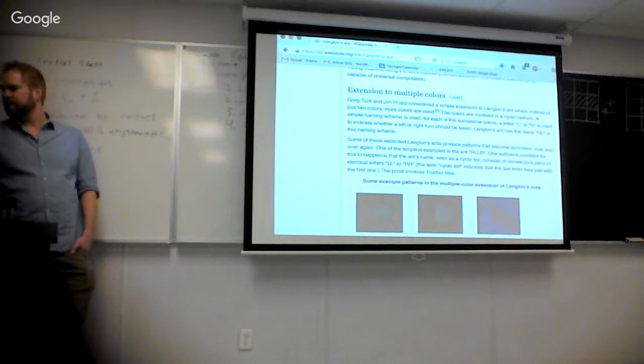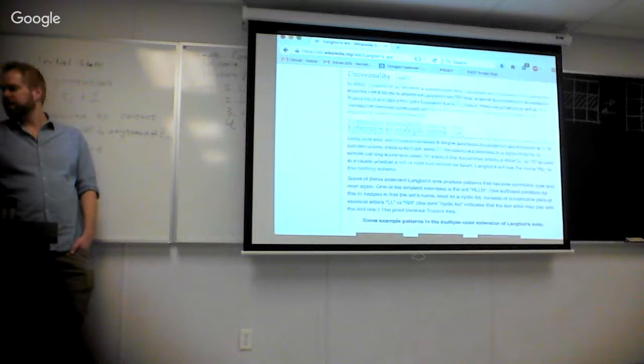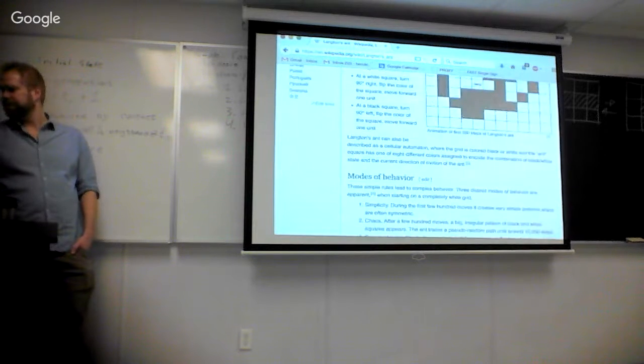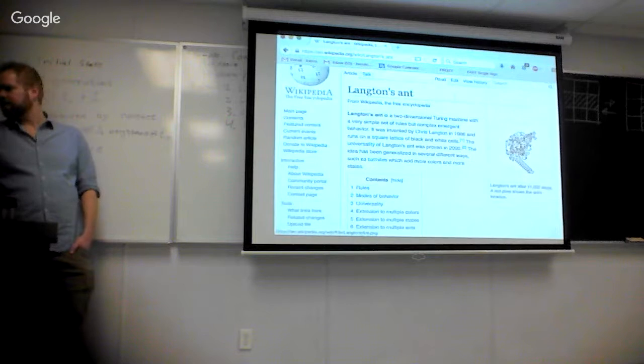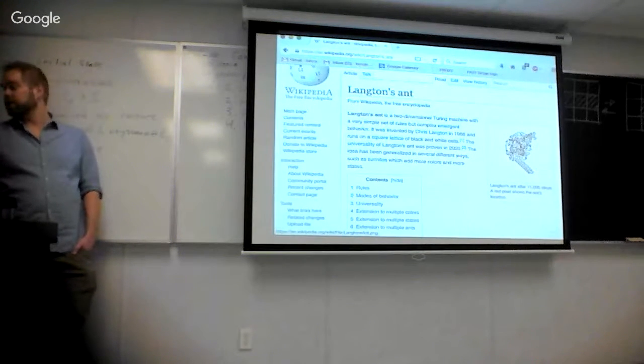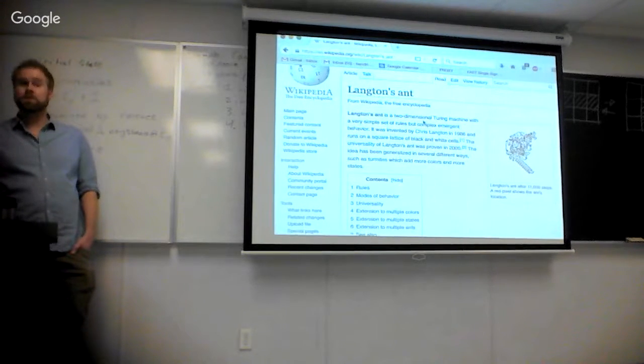Oh yeah, that's extensions to multiple colors. Cool. This is what just the basic algorithm looks like. You can get these ordered types of structures, but this is the highway, and then this is the chaotic pattern. Cool. Again, super simple rules into really complicated stuff.